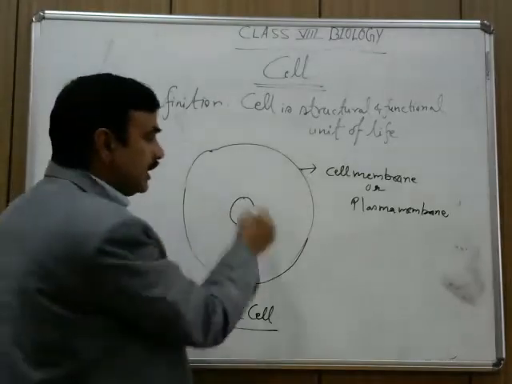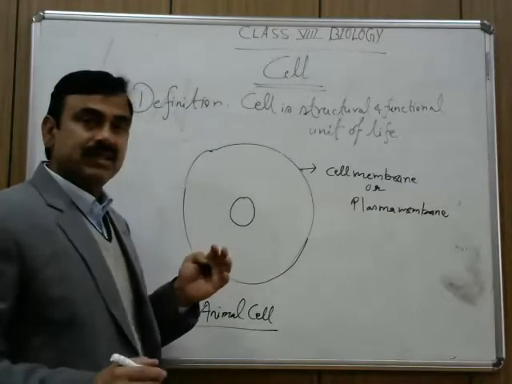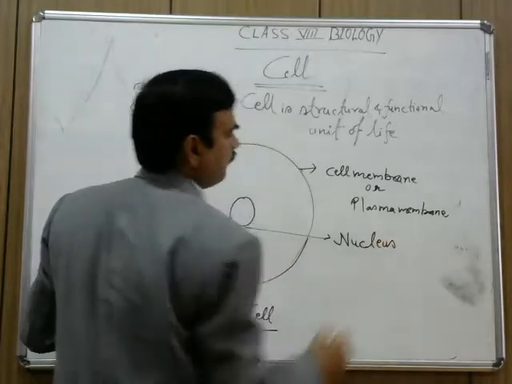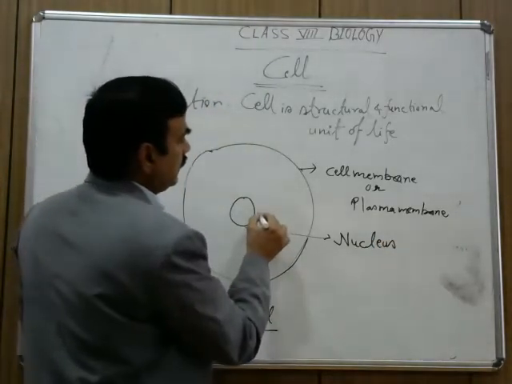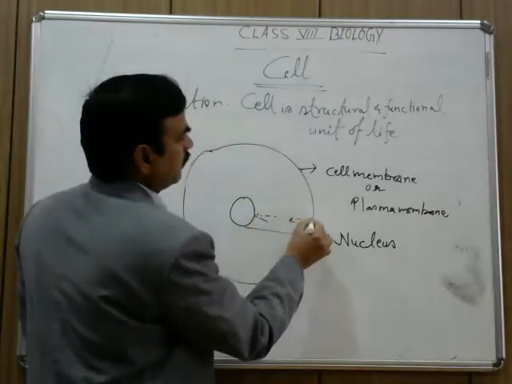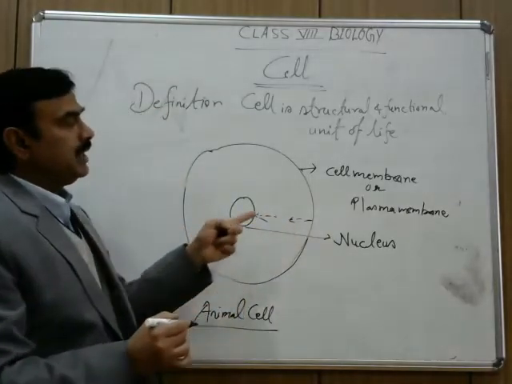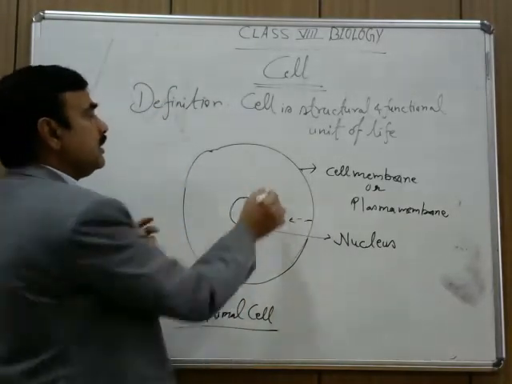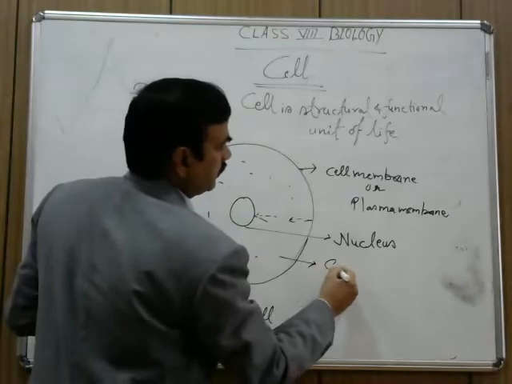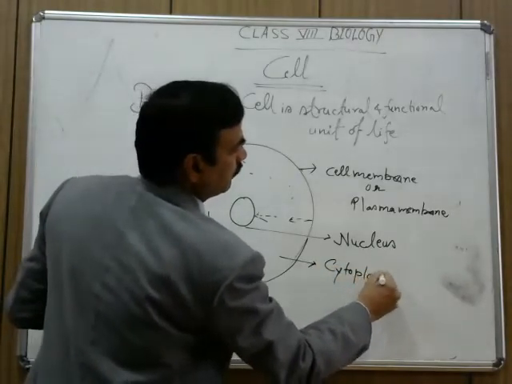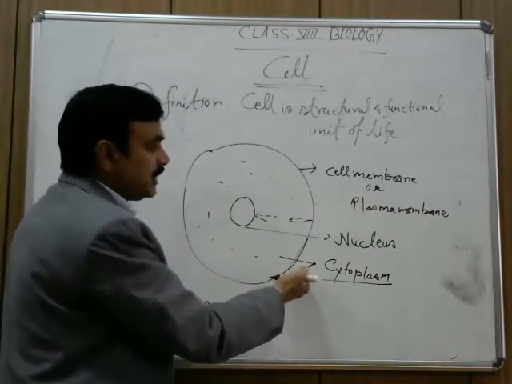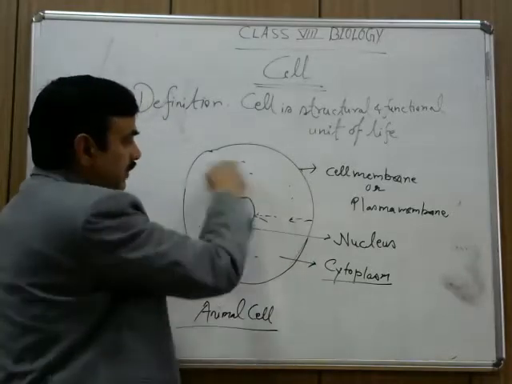The inner spherical structure which is present at the center, especially, is known as the nucleus. The fluid which is present between the nuclear membrane and the cell membrane, this entire fluid is called cytoplasm. Got my point?